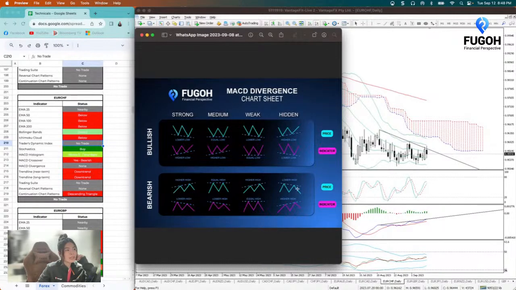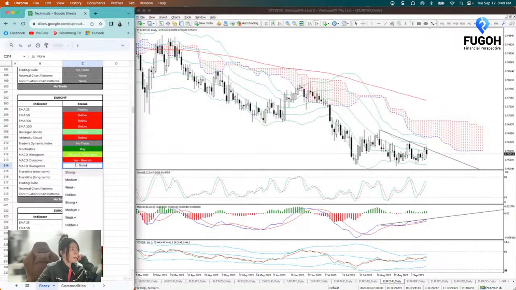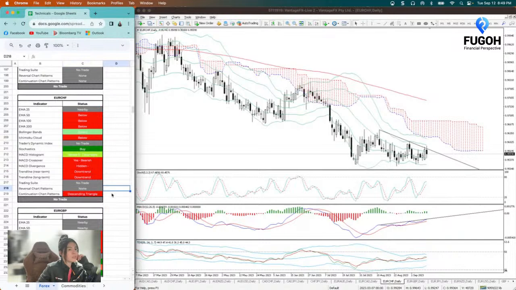Lower high, higher high, higher highs. So this is a bearish hidden divergence. Pressure is still to sell this pair. Trend line is still downtrend for both short term and long term.